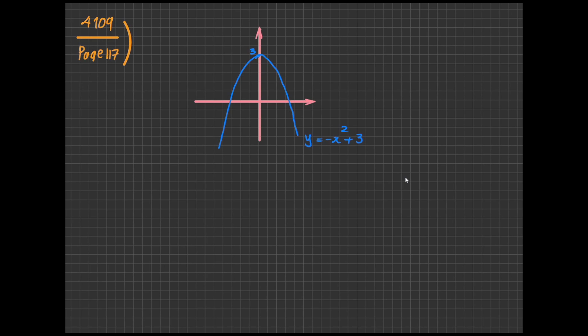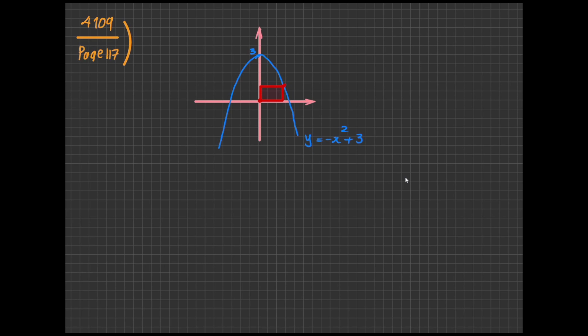And then I have a rectangle of which one of the corners is here and the other corner is on this blue curve. And of course, the other two corners, one of them is on the x-axis, the other one is on the y-axis. So let us try to draw one of them typically here. Something like this.